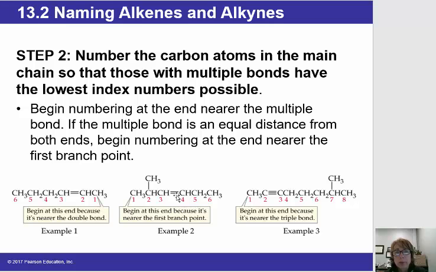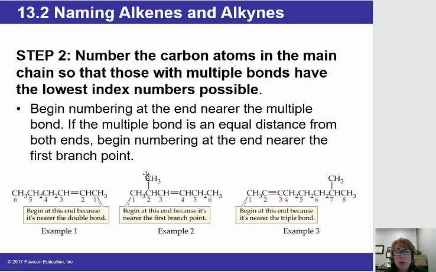So once we have determined the chain length and what the suffix is going to be, then we begin numbering the carbons so that the double or the triple bond gets the smallest possible number. Now sometimes, no matter which way you go, from left or from right or up or down, the alkene or alkyne will have the same number.